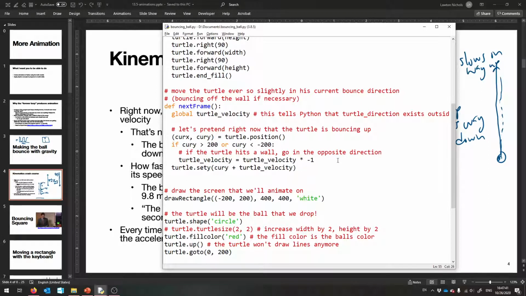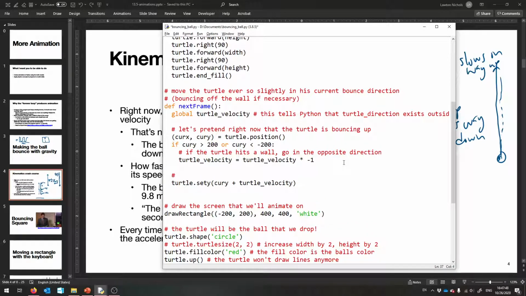All right, so the turtle position, this is where we set it right now, using its velocity. We now need to set it including its acceleration. All right, so every frame, the turtle goes a bit faster by a certain acceleration.